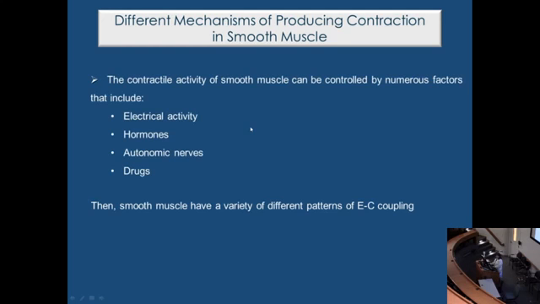Here I have just listed some of the factors that will either induce or modulate contraction: the electrical activity, hormones, autonomic nerves, and drugs. We'll see how all these different factors will end in contraction.